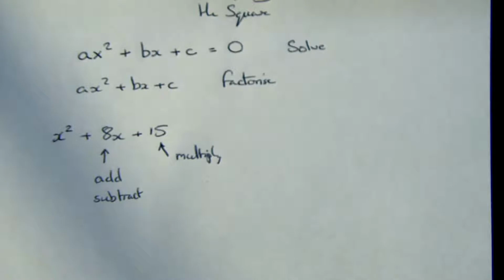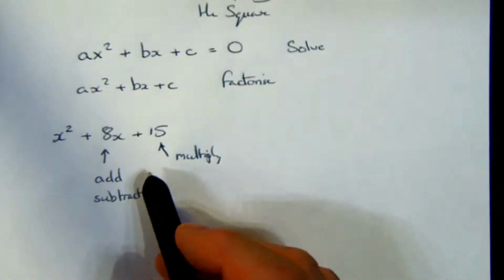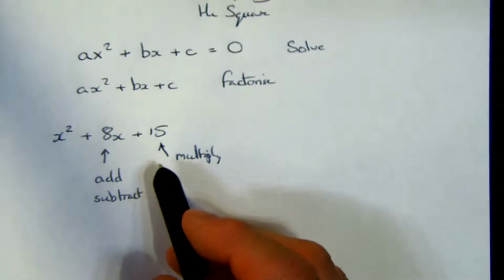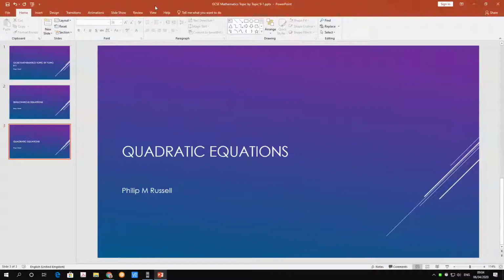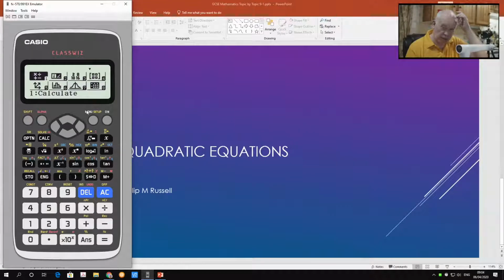All right, so how do we go about this? Well, there are several choices. The first of these choices could be that we might use a calculator. Using the Casio calculator, it's got a menu.